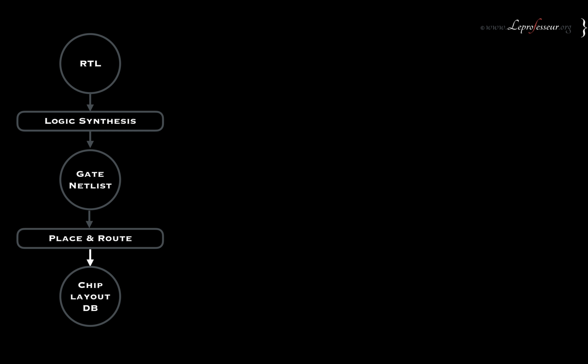This is a typical VLSI flow we have discussed multiple times. Very simple. You have an RTL, then you convert that RTL to logic gates. During the logic synthesis process, you get the gate netlist, and that gate netlist goes to further back-end design tools. I call it place and route activity.